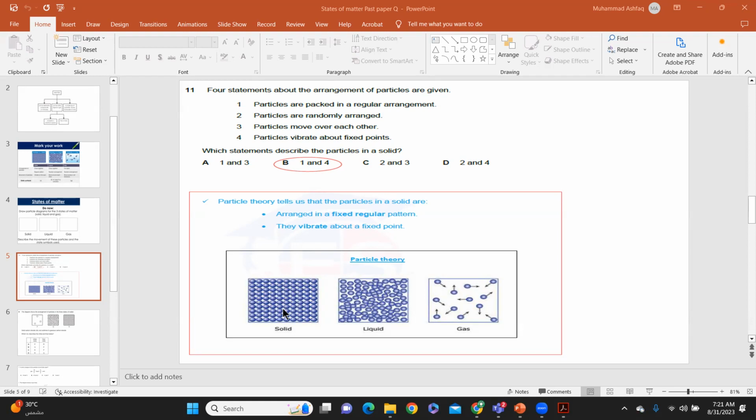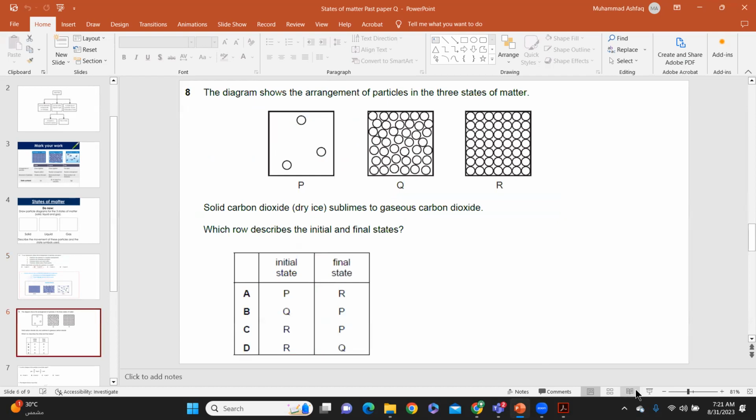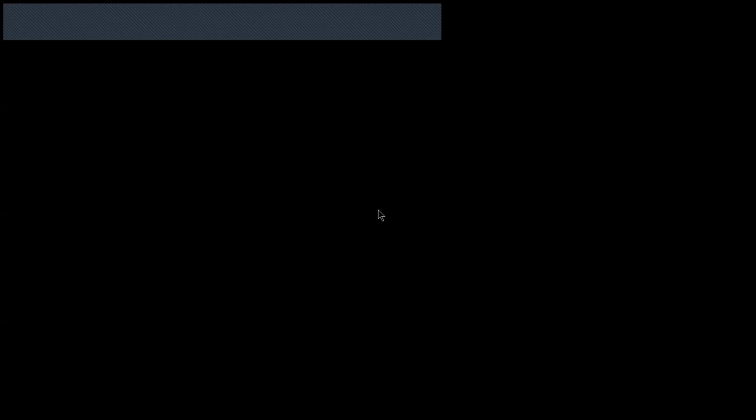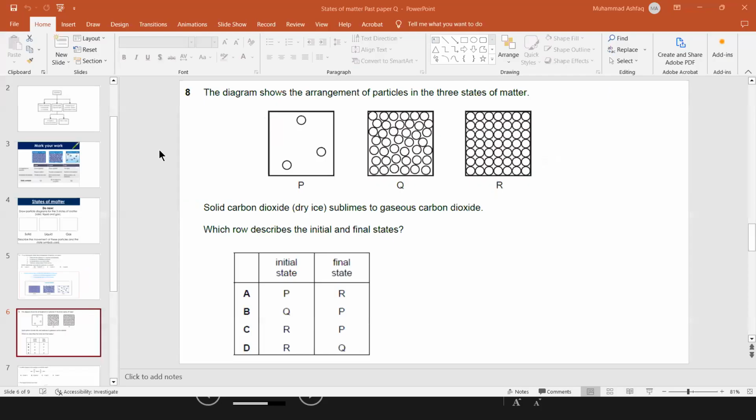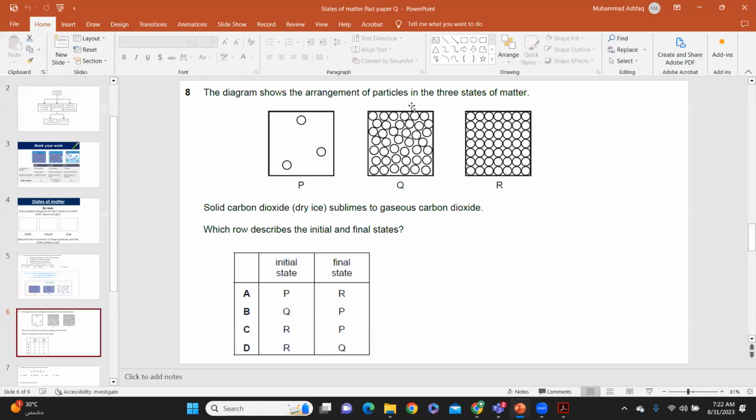Note the answer. So, the first question is on the next slide. The diagram shows the arrangement of particles in three states of matter. Just try to understand.